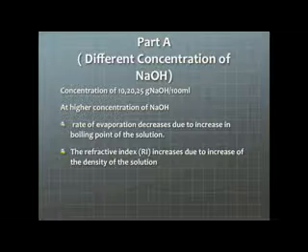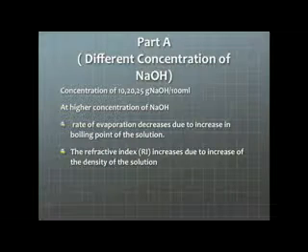At higher concentration of sodium hydroxide, the rate of evaporation decreases due to the increase in boiling point of the solution. Basically, as we increase the concentration of sodium hydroxide, the impurities in the solution increase. These impurities in turn increase the boiling point.